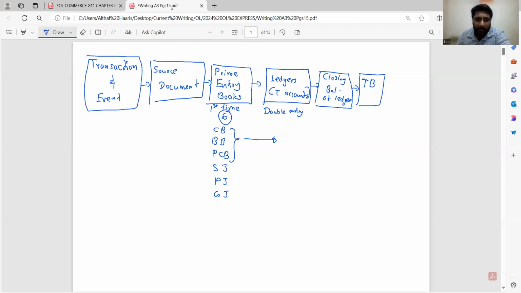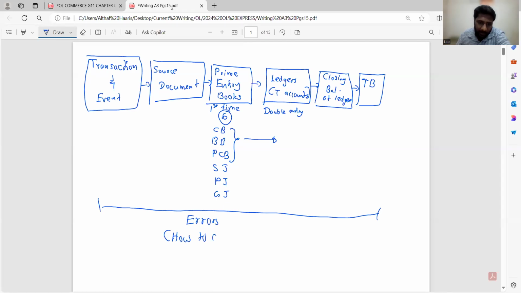And we learn in this process sometimes that you could have made certain mistakes, errors. How to correct those errors, we also learn. When you are running in this process, there can be some errors.